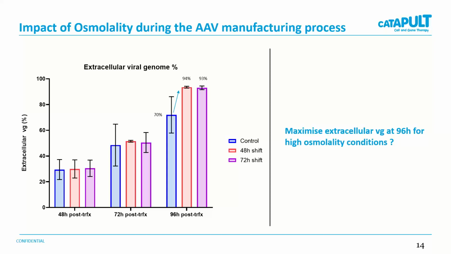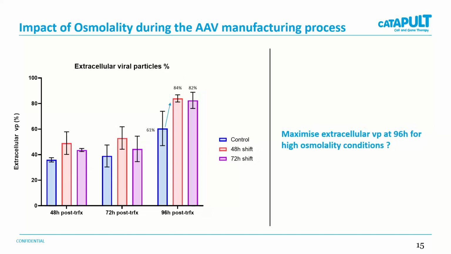But interestingly, if we have a look at the same thing for viral particle, we have the same trend. So this time it's slightly lower in terms of extracellular viral particle. We have 84, 82% for both conditions who had a shift, compared to 61% for the control condition.